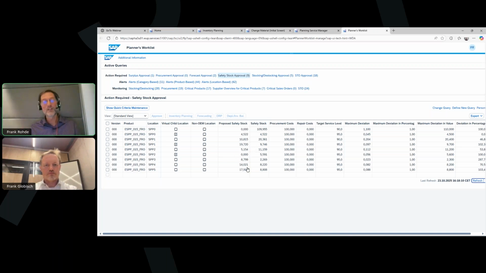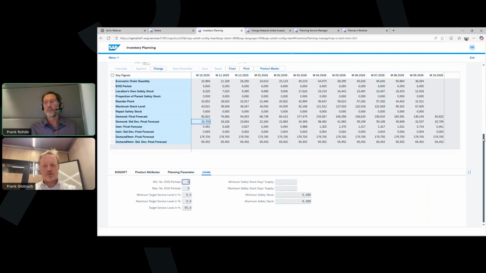So the system generally tries to bring the material closer to the customer because that is more efficient from the planning point of view. Because it's not approved, it's just proposed, how does it look in the planning view?